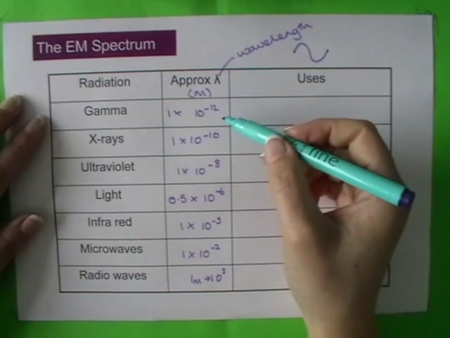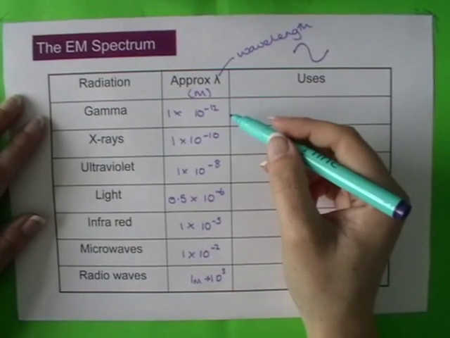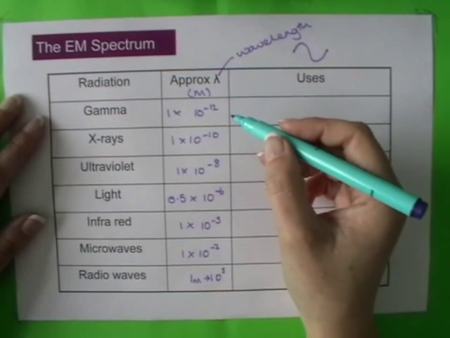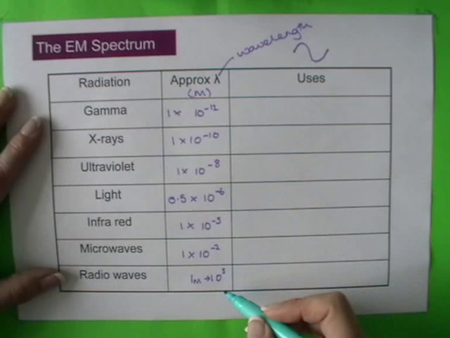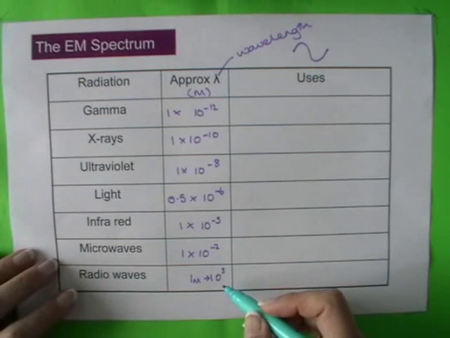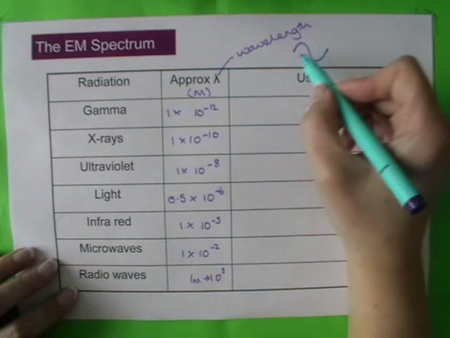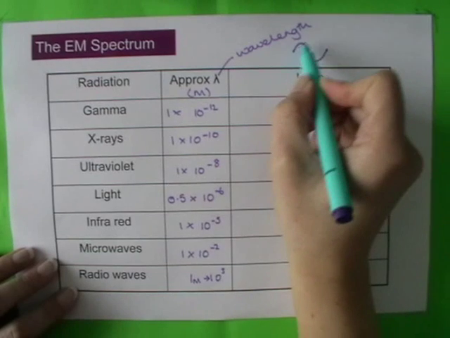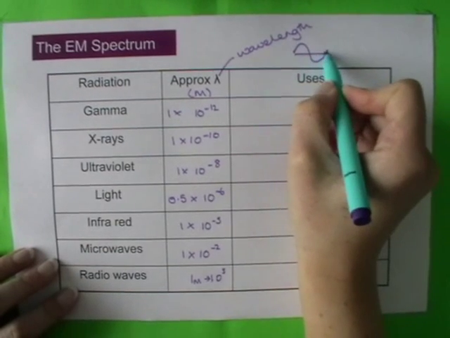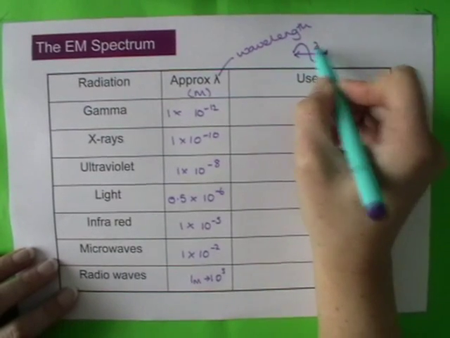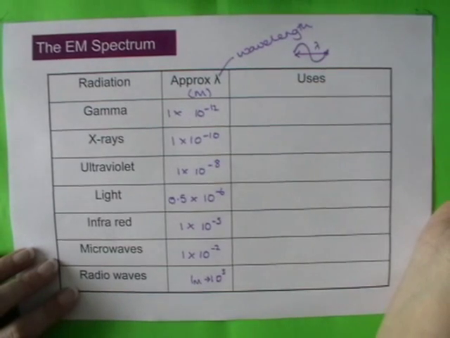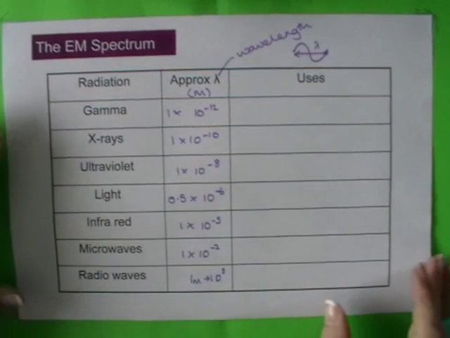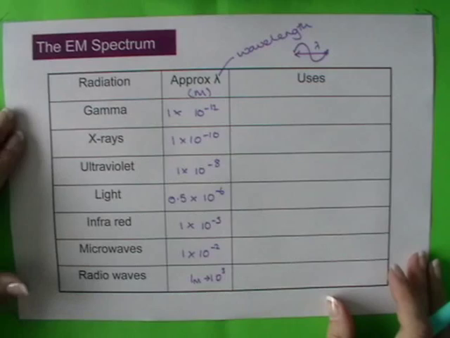And for gamma radiation, that is 1 by 10 to the minus 12 metres. And that ranges up to some of the longer radio waves. The length of that wavelength from the start to the finish of the wave can be a kilometre. So there's a vast range of wavelengths.